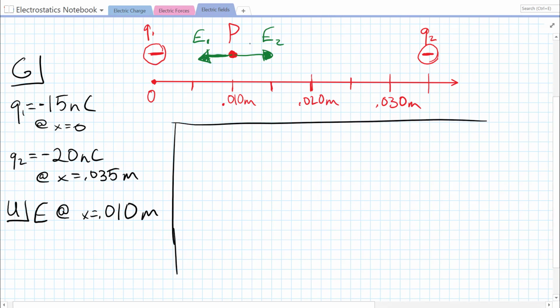We know that these two electric fields, each one is caused by a point charge. So if I want to find E1, it's just the equation for the electric field from a point charge. E1 is equal to K Q1 over R1 squared. And we're ignoring Q2 here.